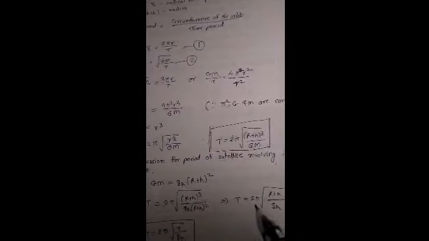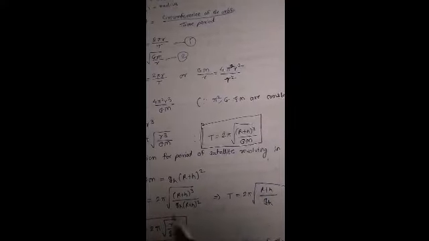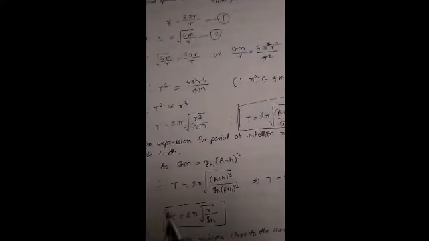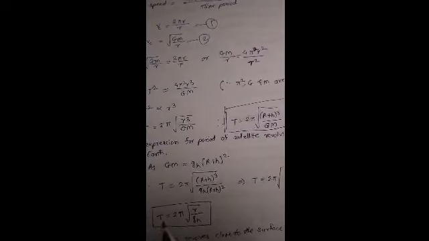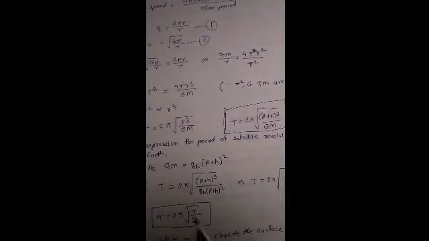Here (R plus h) cube and (R plus h) square cancel out, so the remaining term is R plus h upon g_h. Putting R plus h as small r, we also get T is equal to 2 pi square root of r upon g_h.